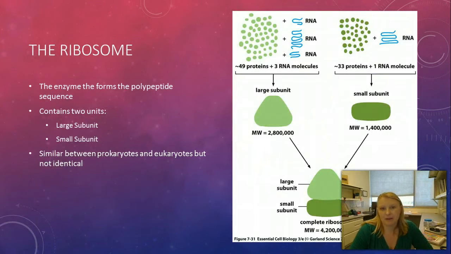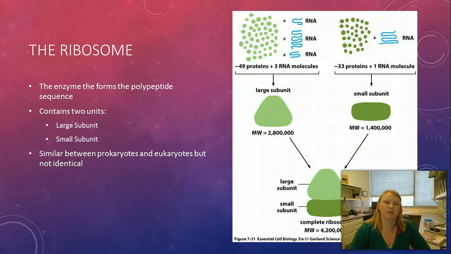So let's talk about that ribosome now and the rRNA. Remember, the ribosome is a combination of proteins and RNA, making it a ribozyme. So it's still an enzyme, but it has RNA catalytic sites. Remember, it has those 3 catalytic sites, and we'll look at those in just a second. So prokaryotes and eukaryotes have 2 different types of ribosomes. The eukaryotic ribosome is 80S, which means that it's larger than the prokaryotic ribosome, which is 70S.